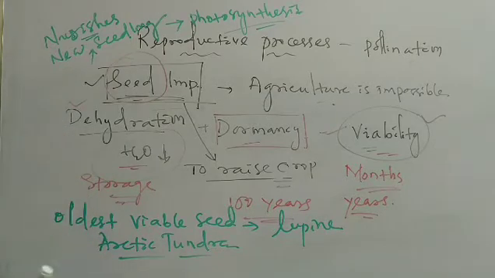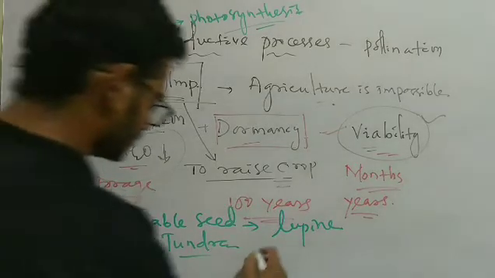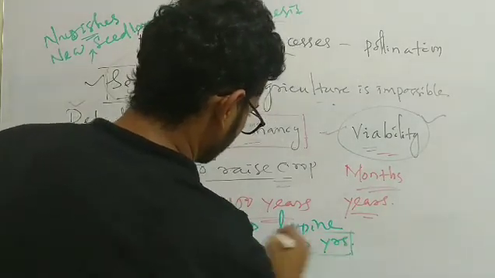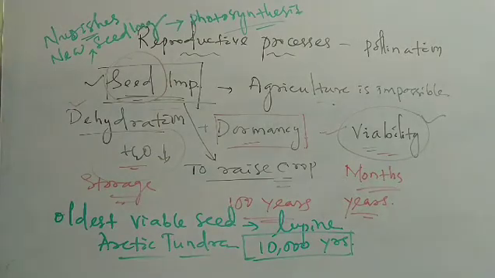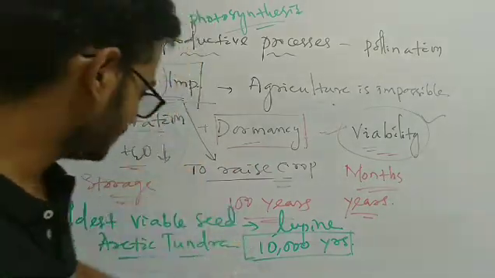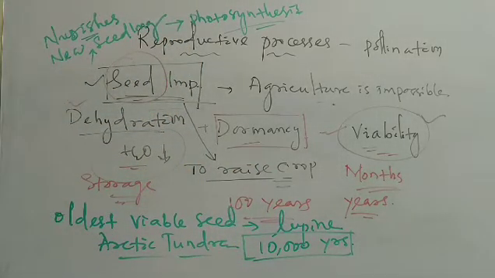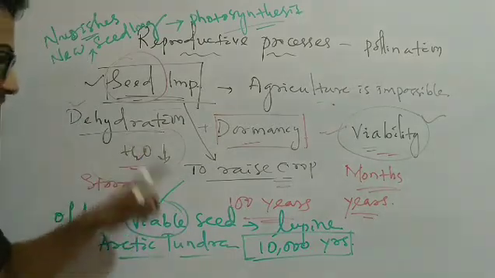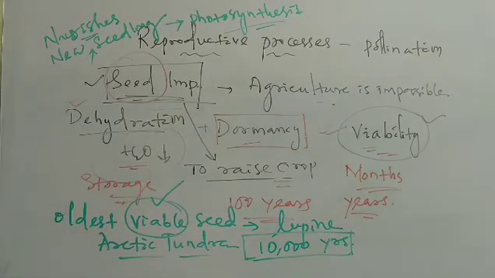The seed germinated and flowered after 10,000 years. The lupine plant germinated and flowers appeared in that plant even after 10,000 years. So this is the oldest viable seed, viable meaning active seed which can germinate.